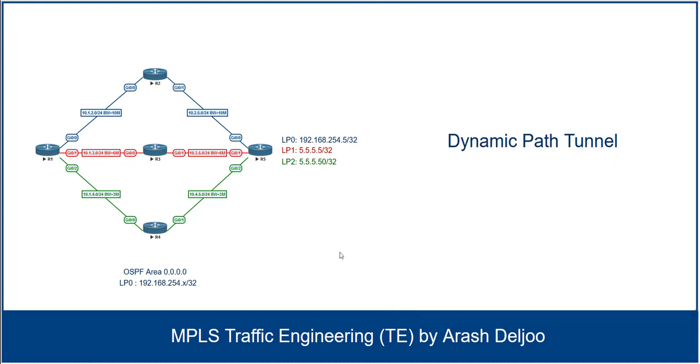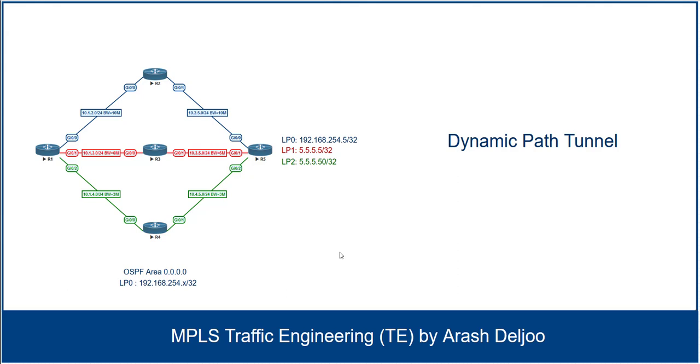All right, in this video we learned about the dynamic path tunnel. In the previous video we learned about the explicit path tunnel. Now we have more knowledge about the different types of tunnels in MPLS traffic engineering, and we also have another method that I will explain in the next videos: the semi-dynamic tunnel.